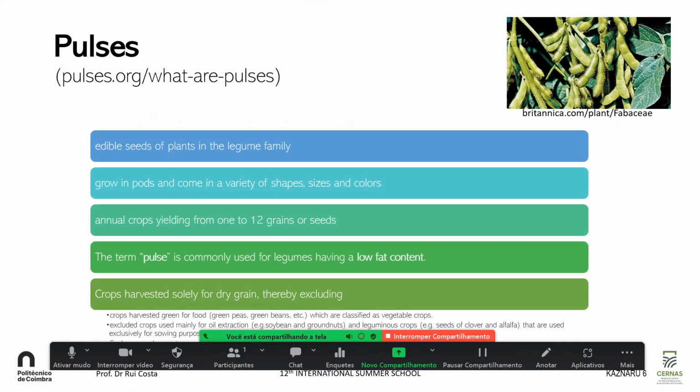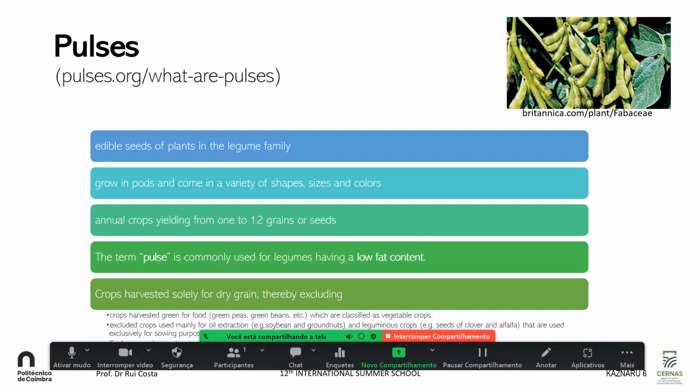So pulses are part of this last family that I spoke about, the legume family. They grow in pods. Like here, you see, this is a pod. They grow in pods and come in a variety of shapes, sizes, and colors. They are annual crops yielding from 1 to 12 grains or seeds. Now what we call pulses are the legumes with a low fat content. So for example, we exclude here peanuts and soya.